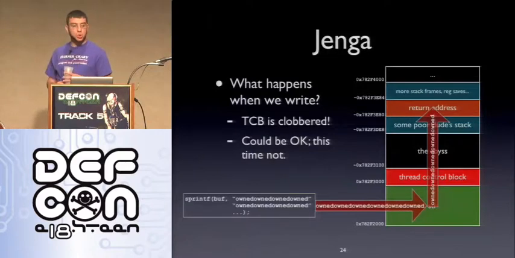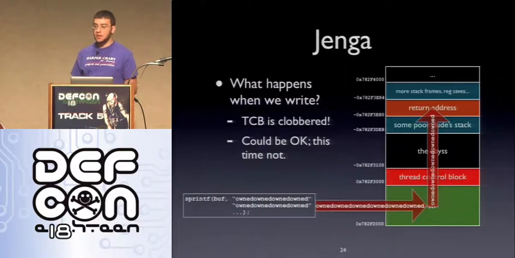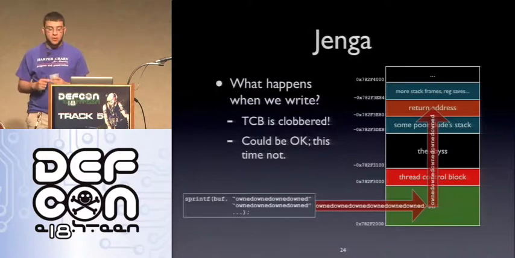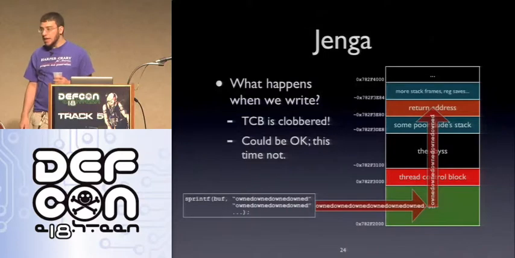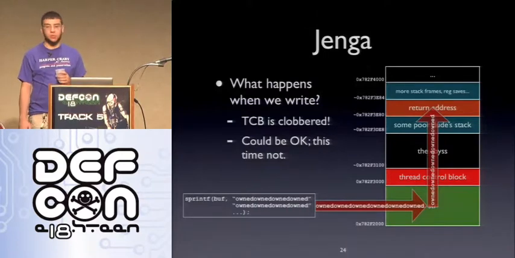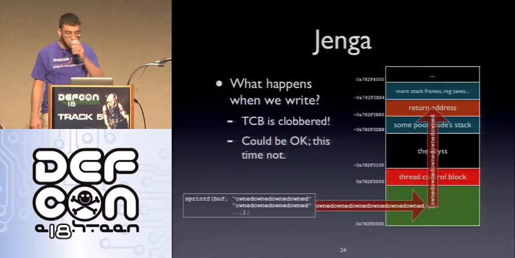If we have control of the data, then we can write something that would have been a valid thread control block into that spot. It might not be valid enough to keep the system running for hours and hours longer, but it would be valid long enough for us to switch to that thread, hit his return address, take control of the system, and then drop a rootkit and reboot the machine or whatever.